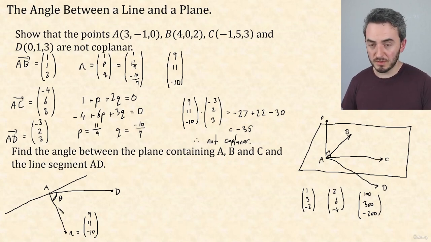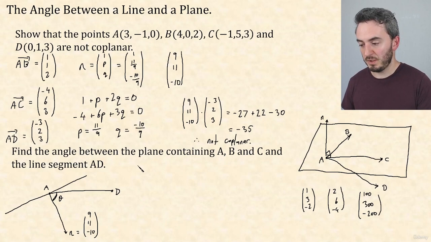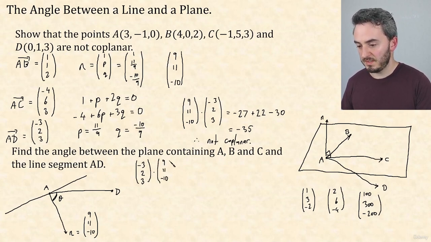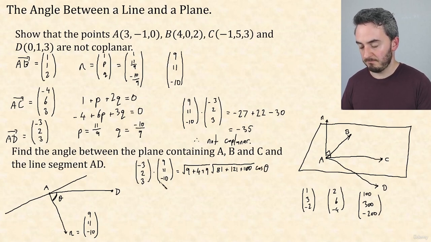We want the acute angle, so we may need to do some fiddling to do that. But let's find that first. So we're going to use dot product and use the fact that minus 3, 2, 3, dotted with 9, 11, minus 10, should equal the modulus of the first one, which is the square root of 9 plus 4 plus 9, multiplied by the modulus of this one, which is root 81 plus 121 plus 100, multiplied by cos theta.